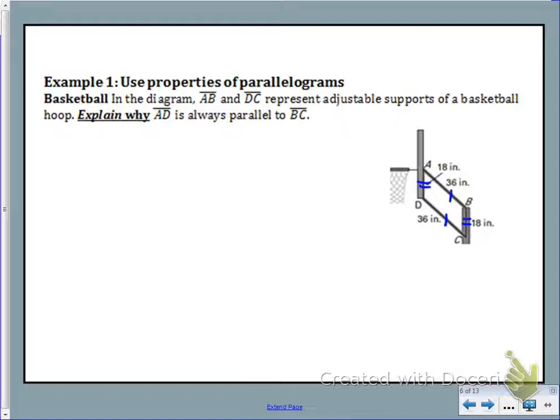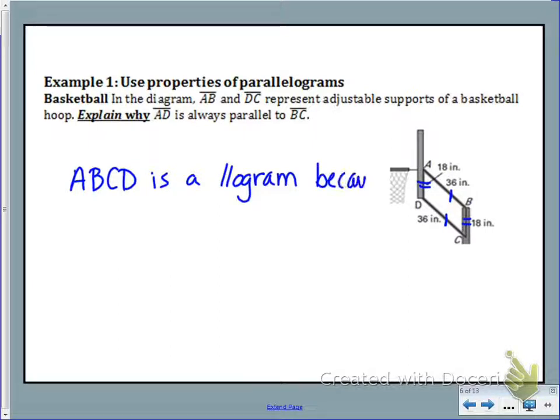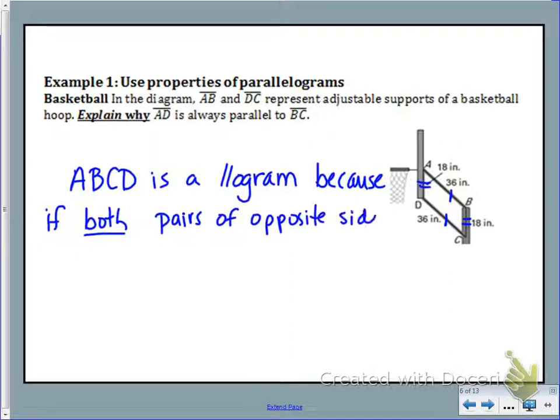So we're going to start with the fact that ABCD is a parallelogram because if both, the key there is both, you need to specify both, if both pairs of opposite sides are congruent, then the quadrilateral is a parallelogram.